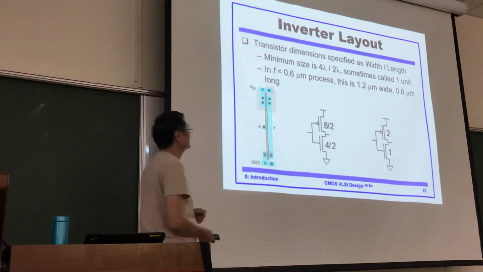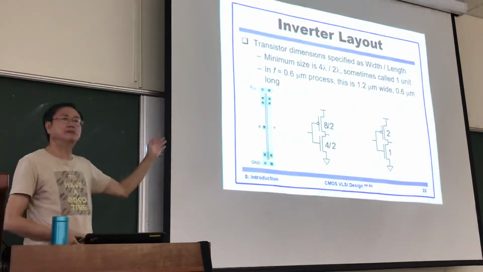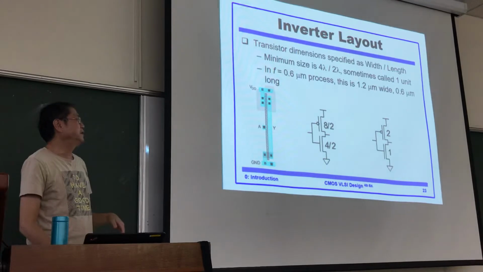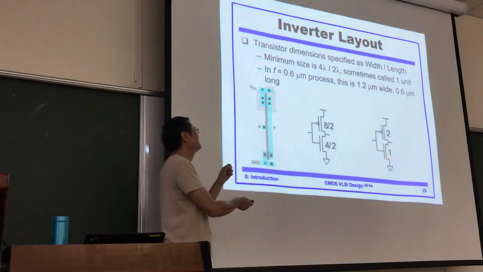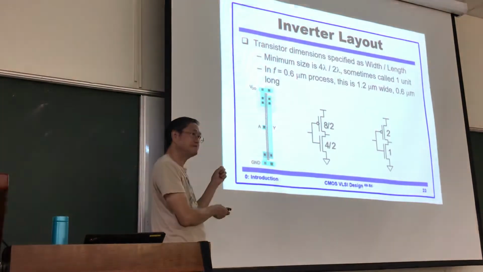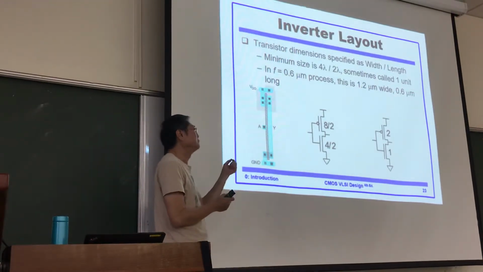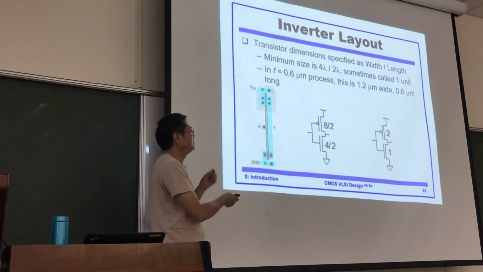Why is that? For the inverter, it's very popular because the NMOS transistor, even at the same size, is going to be faster than the PMOS transistor.